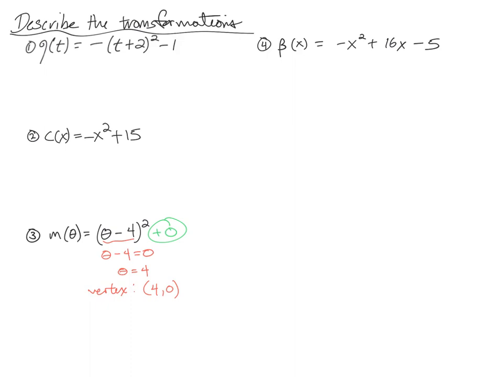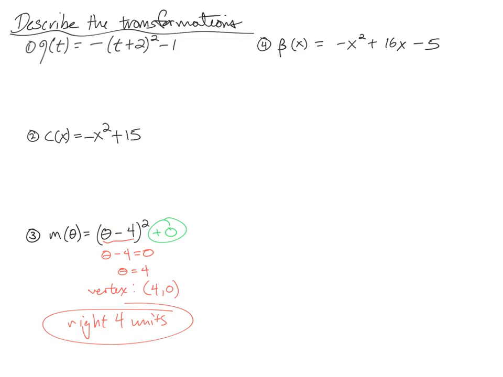Where would that vertex be? It would have shifted to the right 4 units, right? It is the exact opposite of what you would think would be happening because you see a negative 4 here. Well, it's not a negative 4 because we have to solve for this value. It's a positive 4. So this means the graph would have moved right 4 units, or shifted right 4 units.